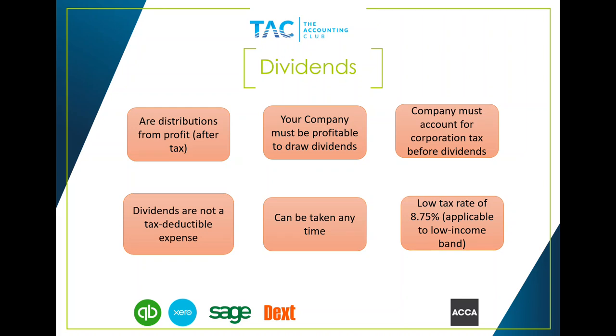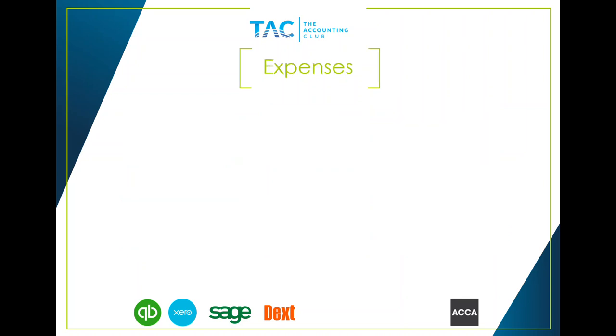Anything above that will be taxed at a higher rate. So you just want to bear that in mind. Whilst you pay low tax on dividends, where your income is already at 50K and above, dividends above that will trigger a higher tax rate.